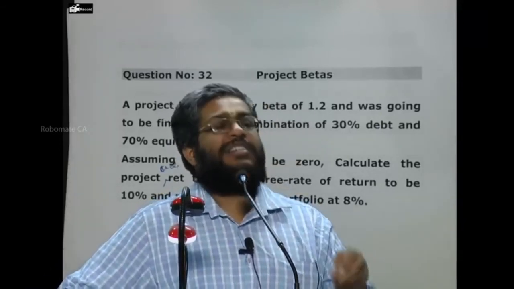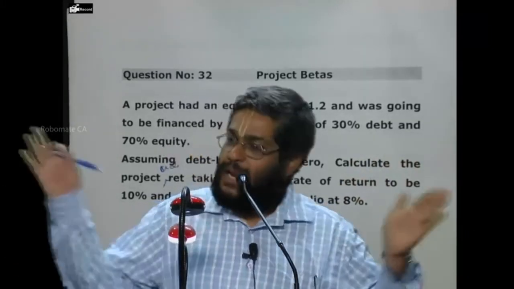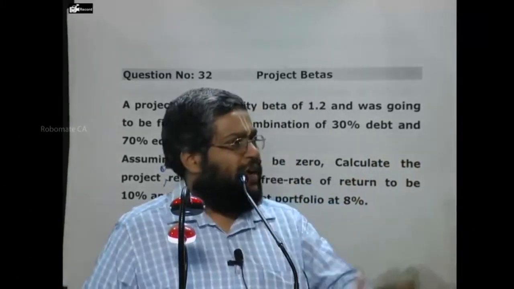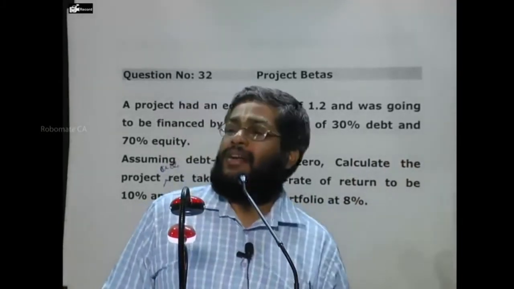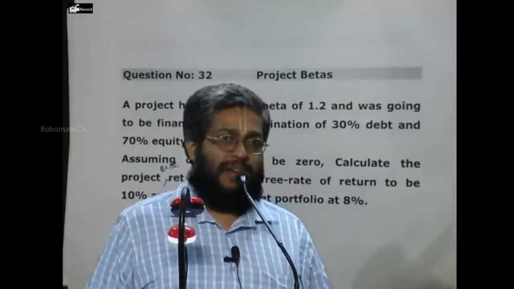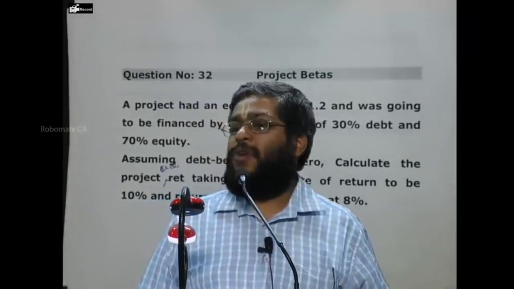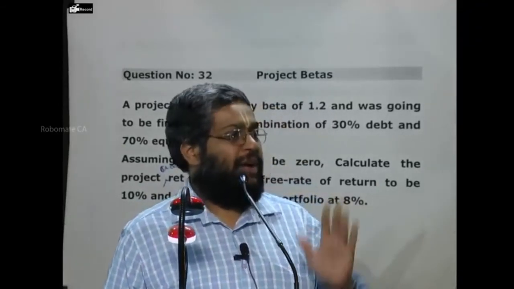What is the definition of cost of capital? It is the minimum return the company should earn for its investors, or the required return or hurdle rate. So whenever they use the words required return, for an all-equity company required return is KE. For a company having debt, WACC will be the required rate of return.